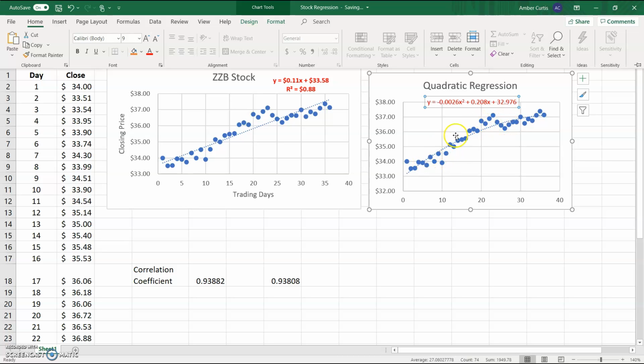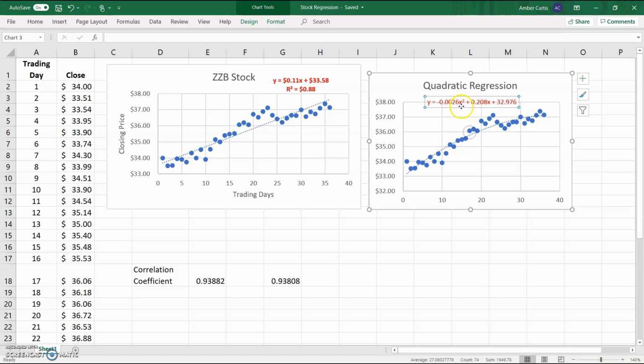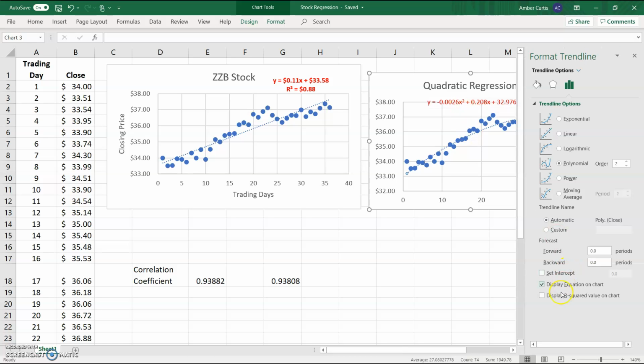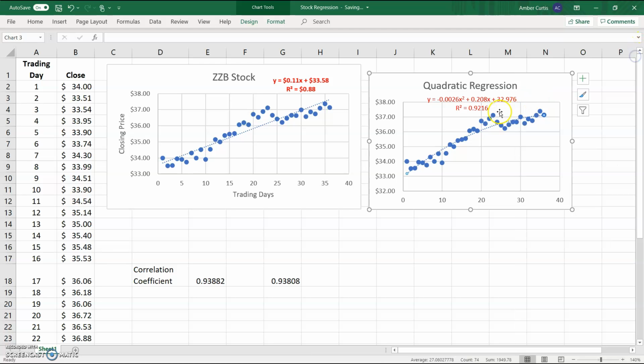Now you'll notice that the data, because of this curved shape, fits a little bit nicer than the other one. Now, if we actually display our R² value, you'll notice that this number is even closer to 1 than our linear model, because the data fits closer to the path of where the closing prices are actually moving.